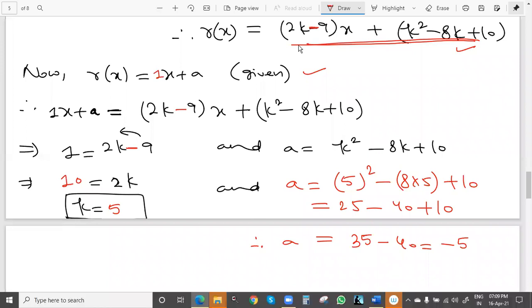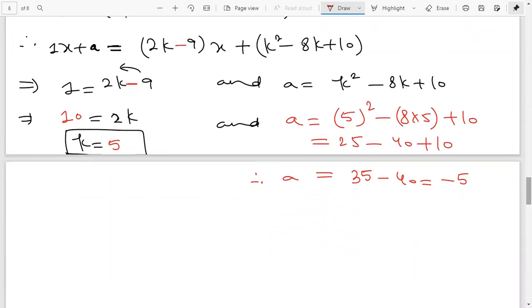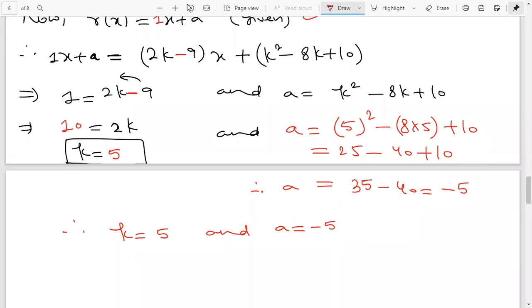So k square minus 8k plus 10 is a, and we put k as 5 to get the value of a. Hence we can write k is equal to 5 and a equal to minus 5 are the values of k and a for this question.